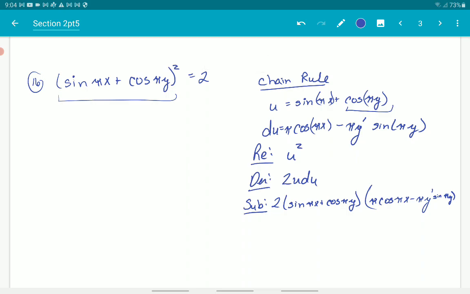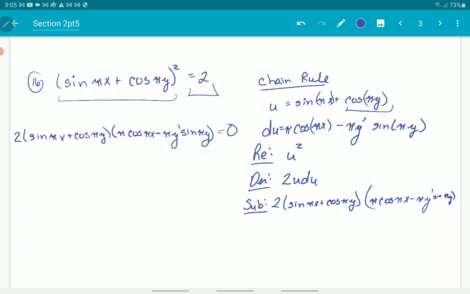So when I take the derivative of the left, I'm going to have 2 times sine of pi x plus cosine of pi y times pi cosine pi x minus pi y prime sine of pi y. And we know the derivative of 2 is just 0.